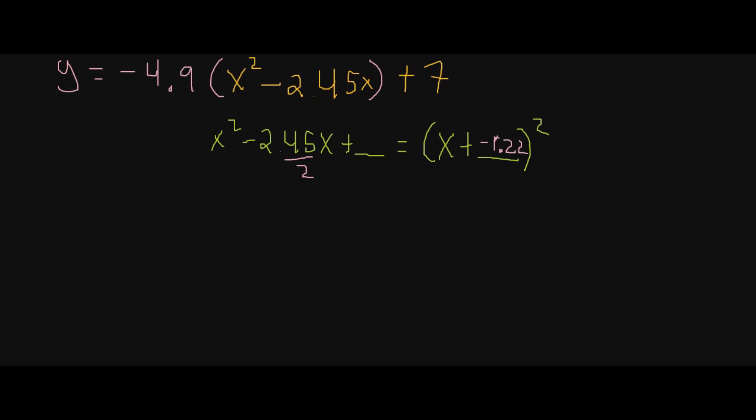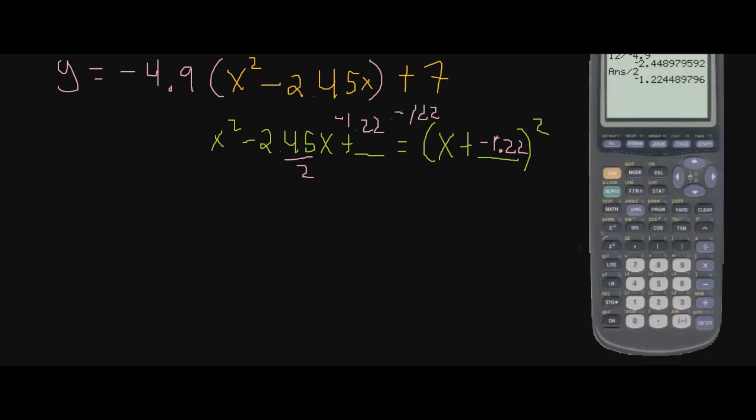Okay. Last but not least, what do we do to this negative 1.22 to get this number here? Well, we multiply it by itself. So negative 1.22 times negative 1.22. Right, I'll just pull out my calculator. So let's go ahead and do it. Negative 1.22 multiplied by negative 1.22.